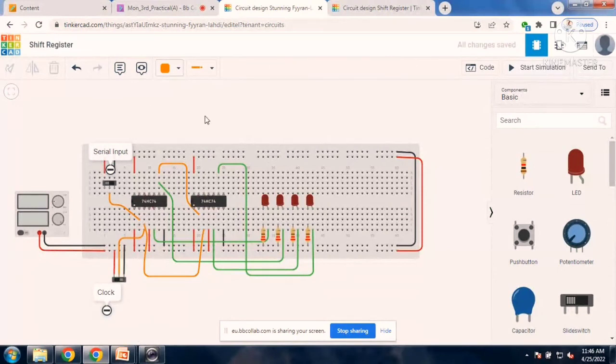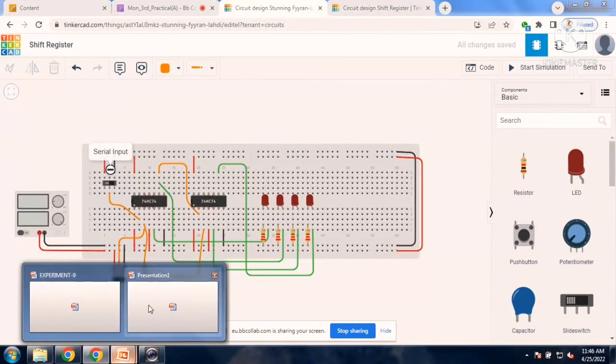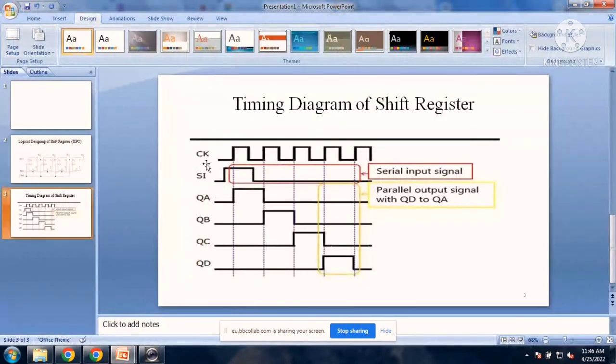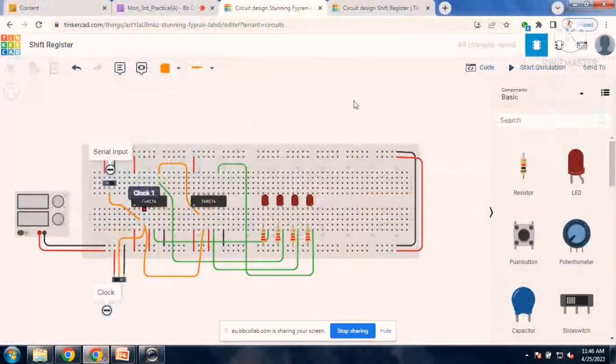Right, bete? So at this time, the clock input is at 0, and the serial input is also 0. So that's why QA, QB, QC, and QD are all at 0 condition. Here this one is our QA, QB, QC, and QD.